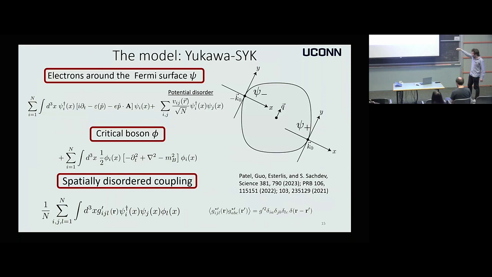There's the critical boson with the mass that at zero temperature is tuned to be at the critical point, to be at zero. And the secret sauce is that the coupling between the fermions and bosons is mediated by a coupling constant that's varying in space, and in particular fluctuating with zero average.